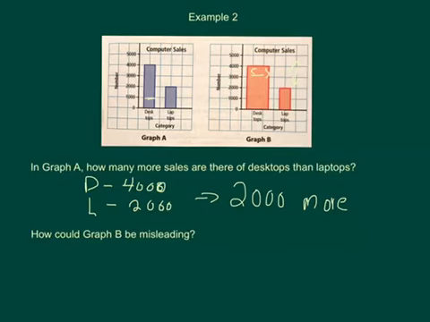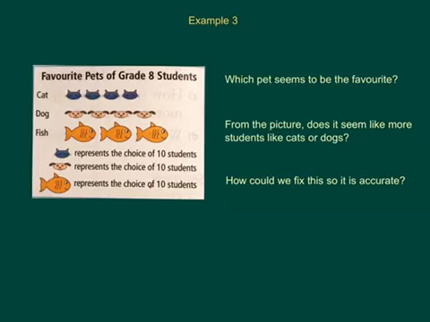So let's look at the next example. Here we're looking at a pictograph of the favorite pets of grade 8 students. Which one looks to be the favorite? If we look at it the way it is, we would say fish would appear to be the most popular, because fish hit the end of the graph first. But each picture represents 10.